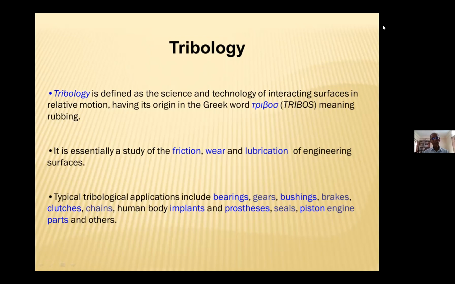But as we'll see eventually, it involves a great many disciplines of science and technology to understand what happens at the interface between two sliding surfaces. It is essentially a study of friction, wear, and lubrication to stop the problem of friction and wear in engineering surfaces, engineering machines.